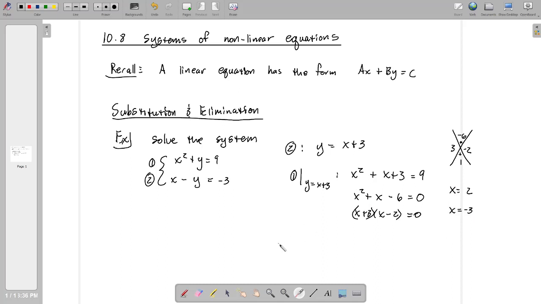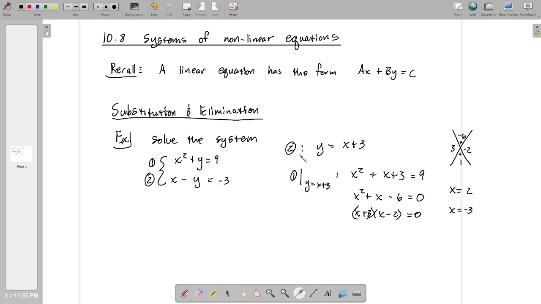Well, this is actually not uncommon. If you think about what these nonlinear equations look like, this one is a parabola, and this one is a line. When we get to the graphical representation, you'll see that the line can intersect a parabola in multiple places. Since it can intersect in multiple places, we can have multiple solutions. And this happens to be one of those cases.